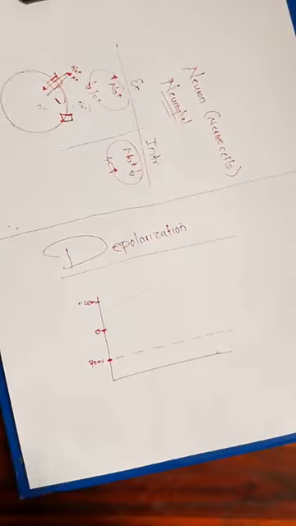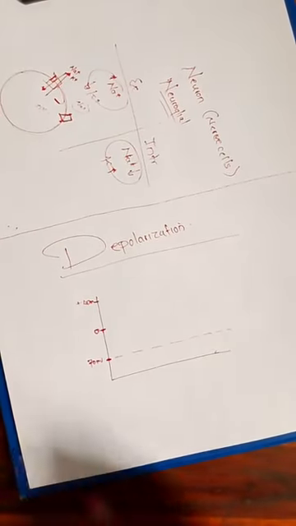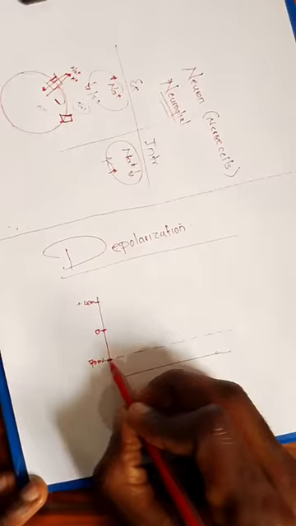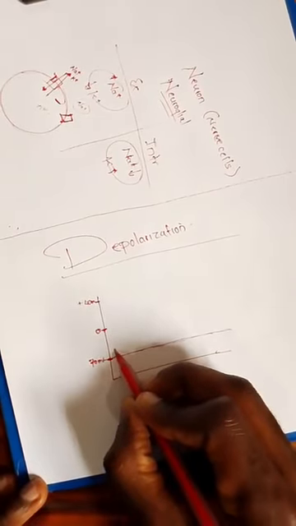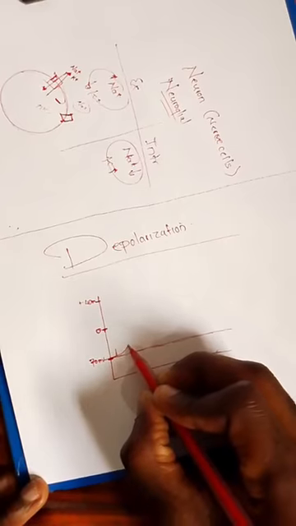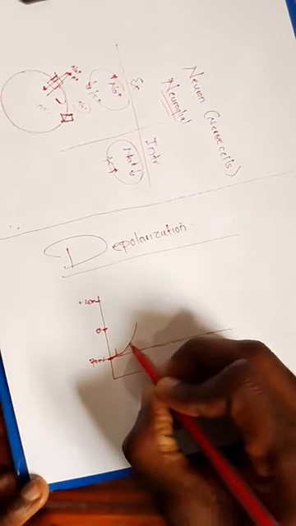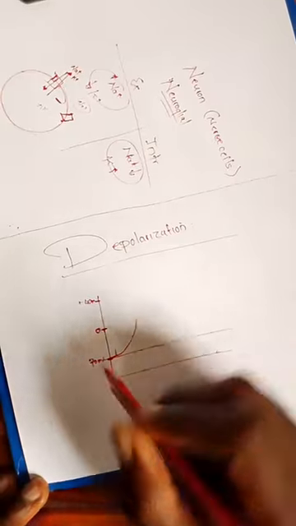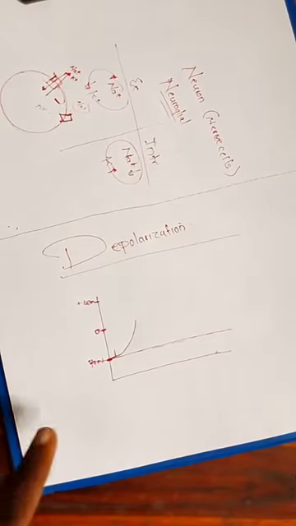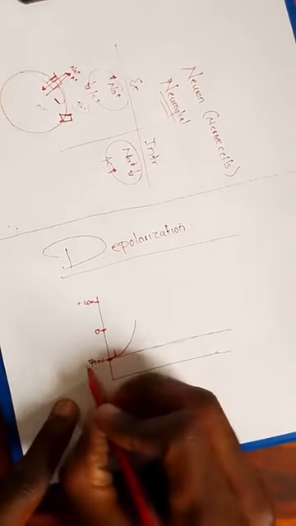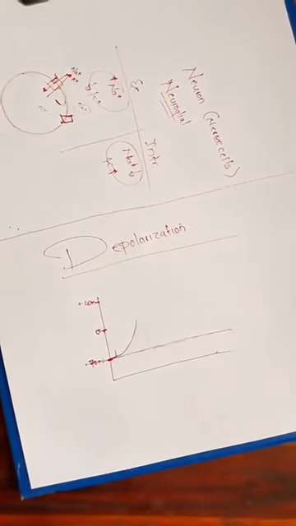When we say there is depolarization in that cell, what we mean is that the resting membrane potential of the cell will start moving towards 0, like this. The movement of the resting membrane potential towards 0 is what we call depolarization. That's why we say decrease. It is moving from negative 70 millivolts going towards 0.